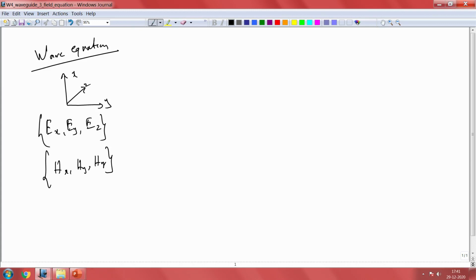So, let us look at a linear isotropic waveguide. Right. So, linear isotropic is very important to understand, because this has implication on the permittivity. So, we want to take this as an isotropic medium. So, your dielectric constant is spatially dependent, right.